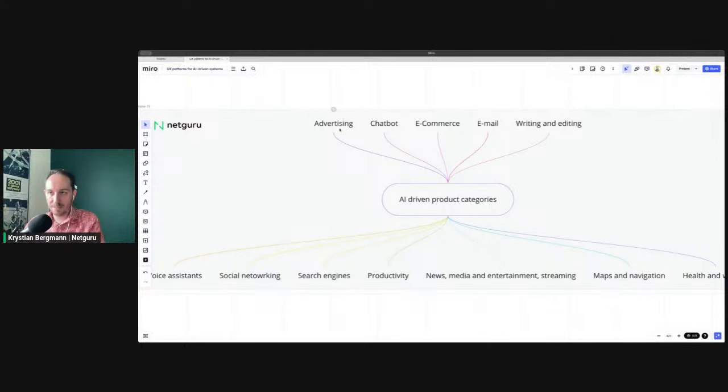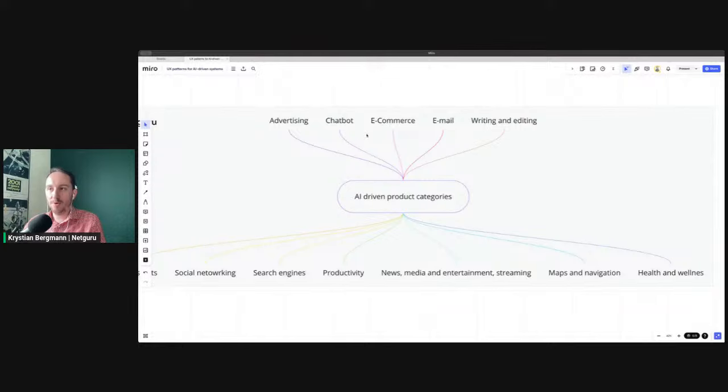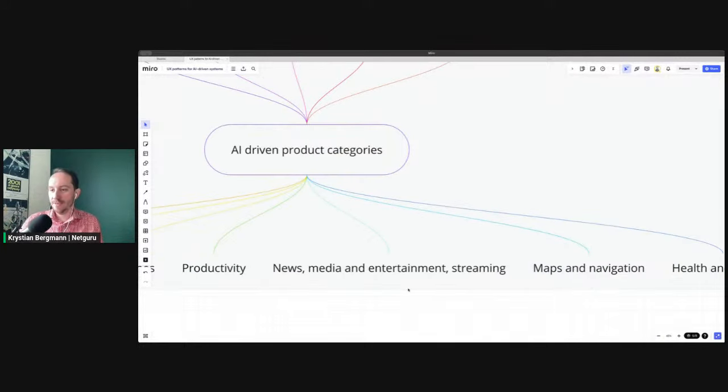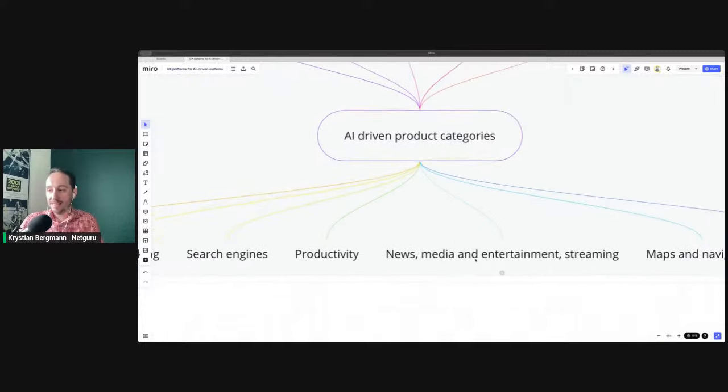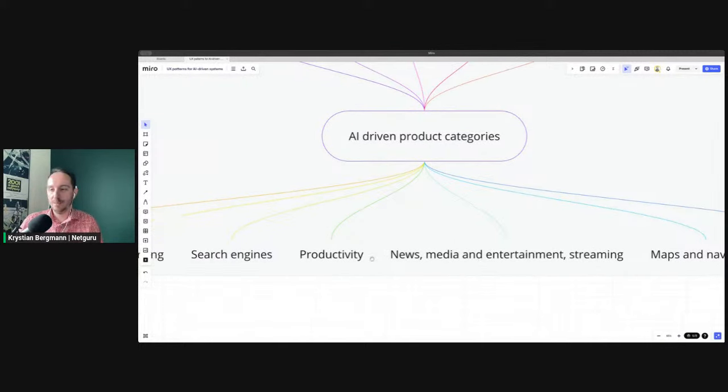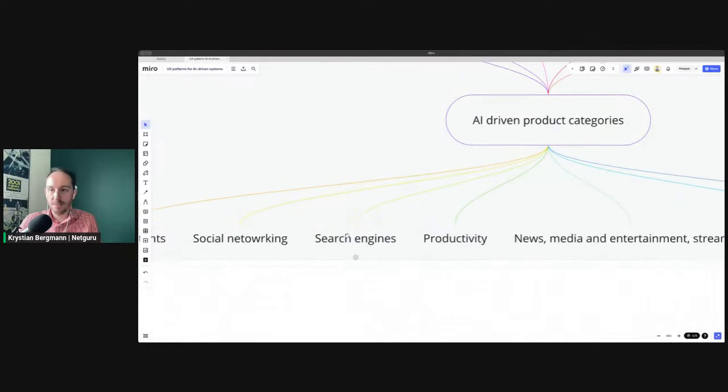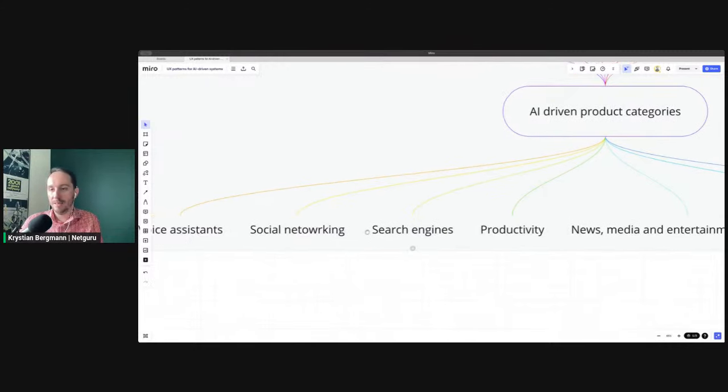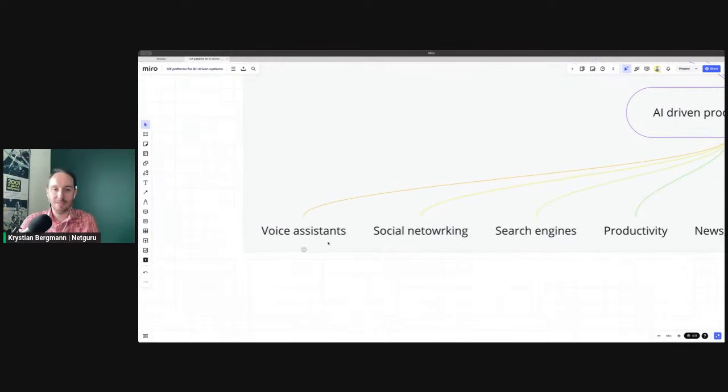So usually these are advertising, chatbots, e-commerce. We will talk about it today. Emails, applications, writing and editing, text editing, health and wellness, maps and navigation, entertainment, streaming services, productivity, search engines, right? What Google is doing lately, social networking, voice assistants.